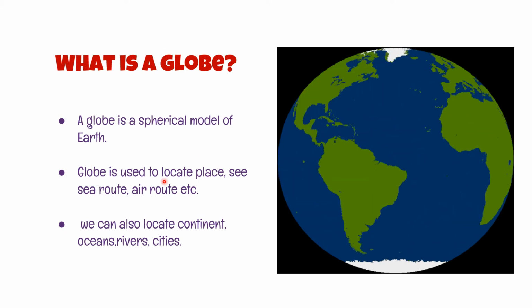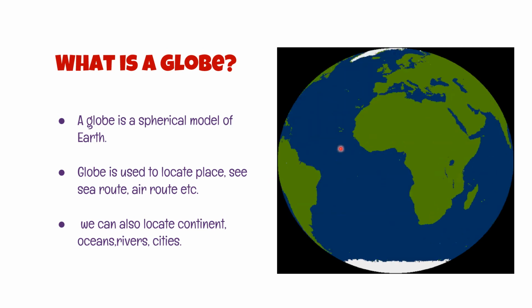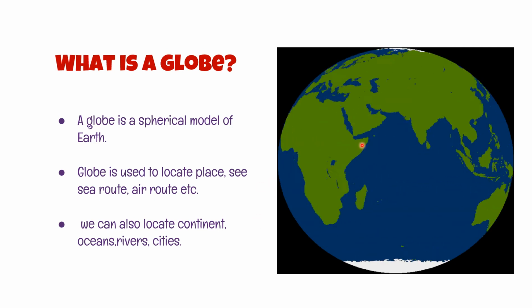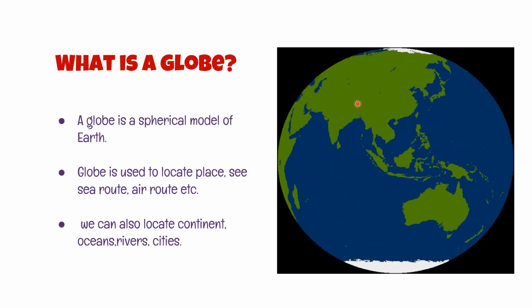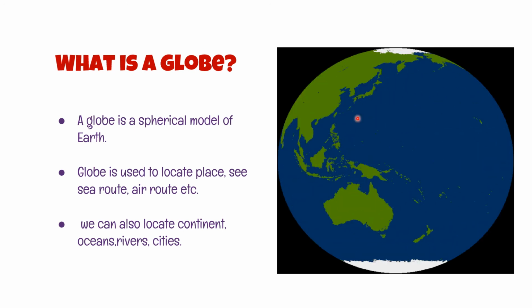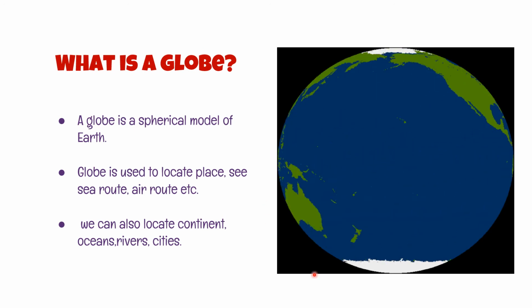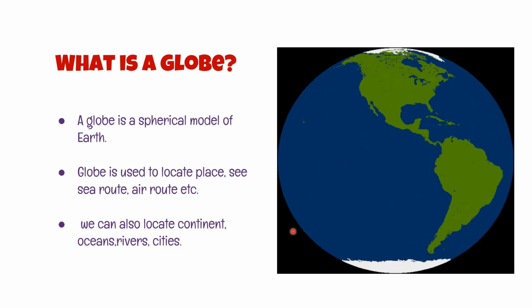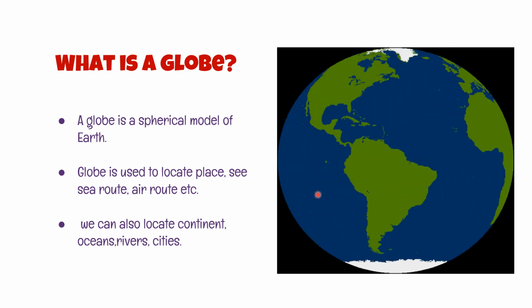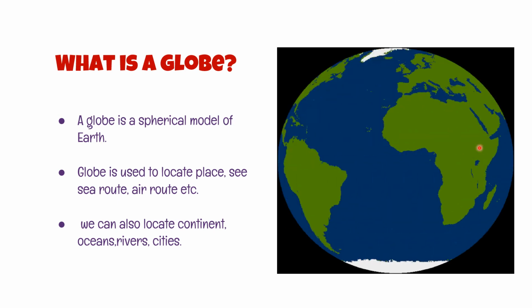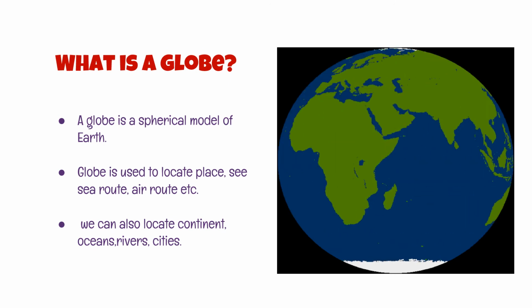What is the use of a globe? It is used to locate all the places, and you can find all the routes, especially sea routes and air routes. It also helps to locate continents, oceans, rivers and cities.